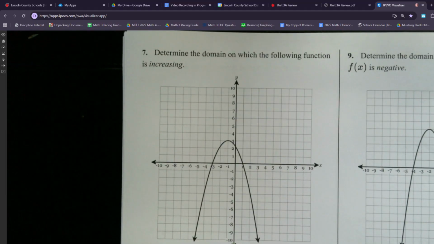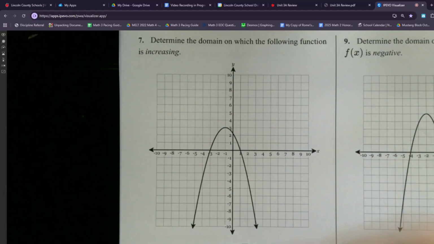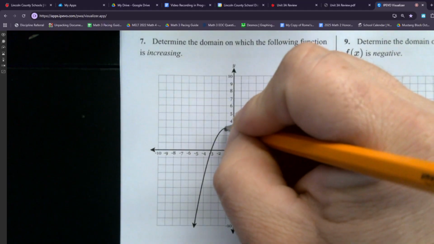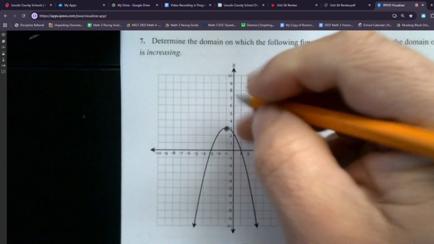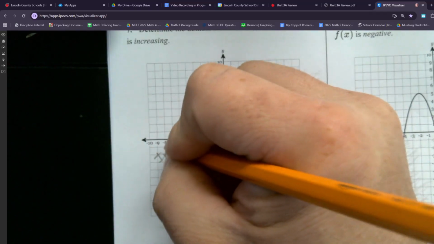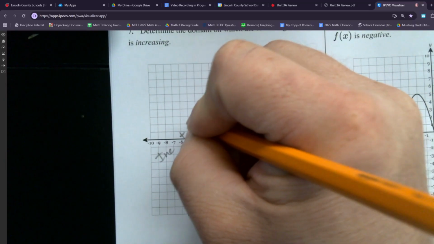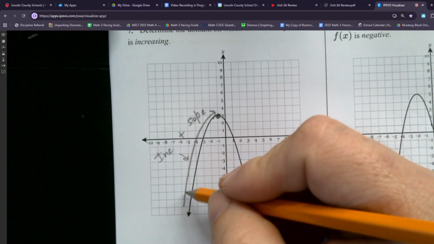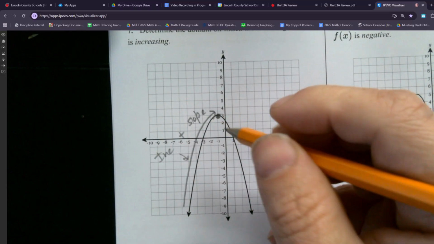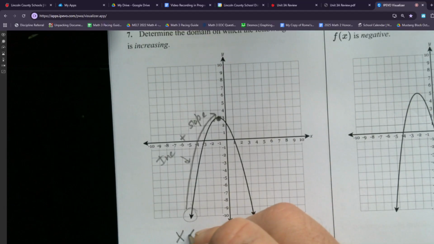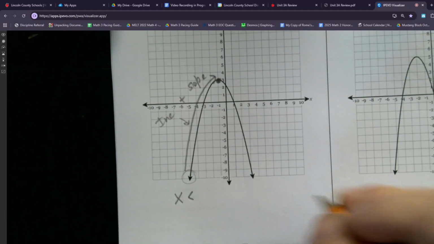All right. Determine the domain on which the following function is increasing. So we look for a positive slope once again. There's the x value of where it changes from increasing to decreasing. It is increasing on this side. It is increasing on that side. Positive slope. Now, if it's increasing on the left side of this vertex, I know since it's on the left side, the left arrow, the x values always go to, or less than, on the left side of your function.